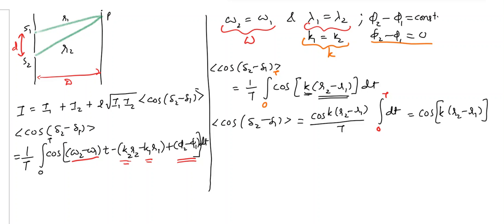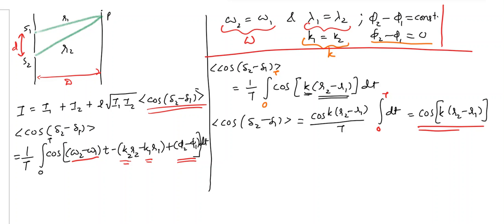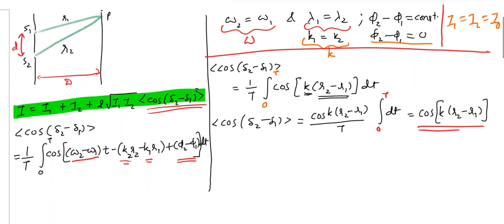Let me substitute this result here. So what do we get? Okay, one more thing I forgot. When you consider the sources to be coherent, the waves are identical, and so we don't need to write I1 and I2. We can replace I1 and I2 with a common symbol I0. So let us consider all these facts in this equation of intensity.